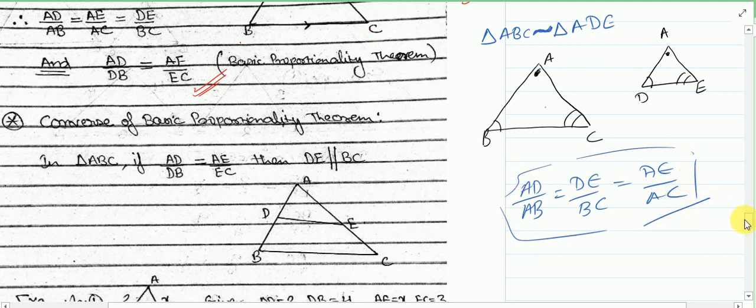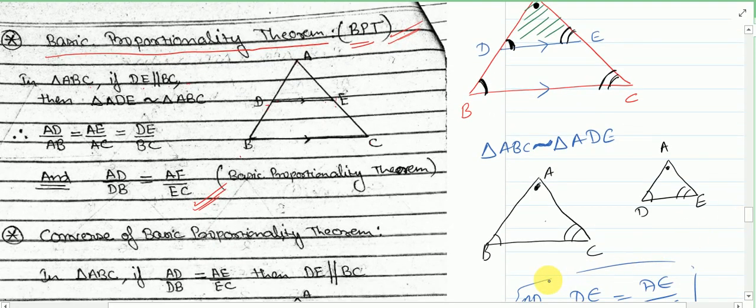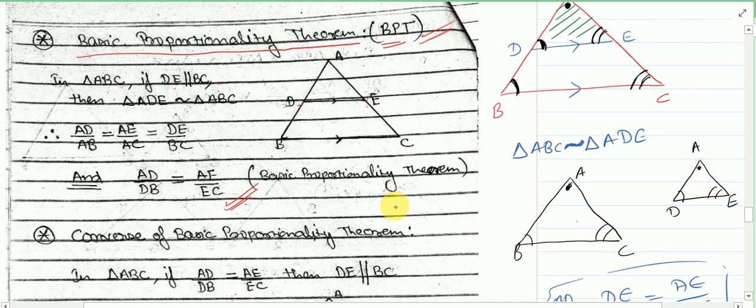That is why here we have written this, okay, that if you have a triangle ABC and DE is parallel to BC, then AD upon AB, AD upon AB. Why? Just now I explained over here, because this small triangle ADE is similar to the bigger triangle ABC.